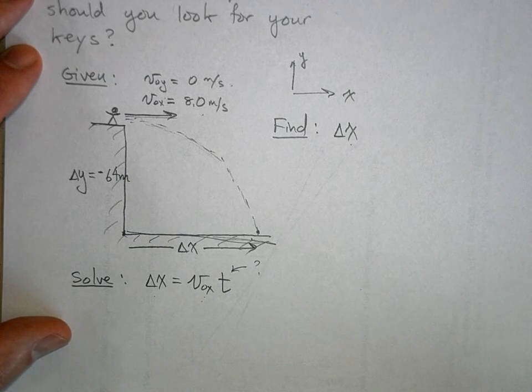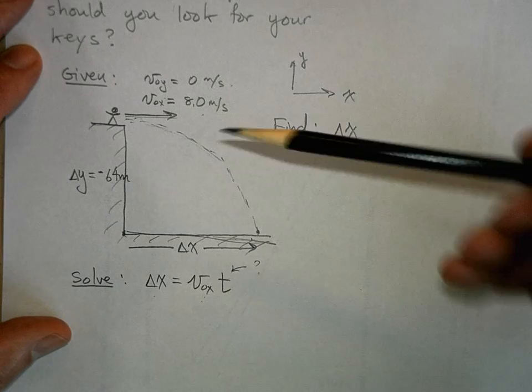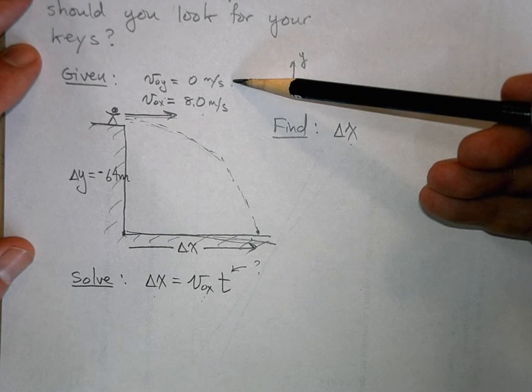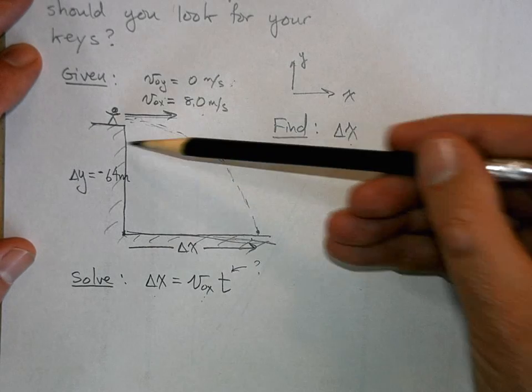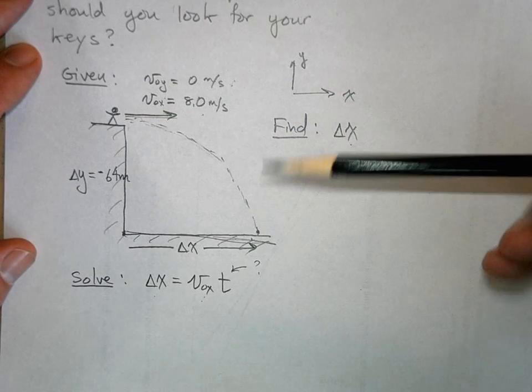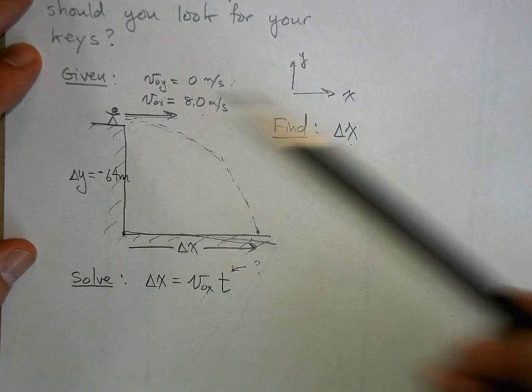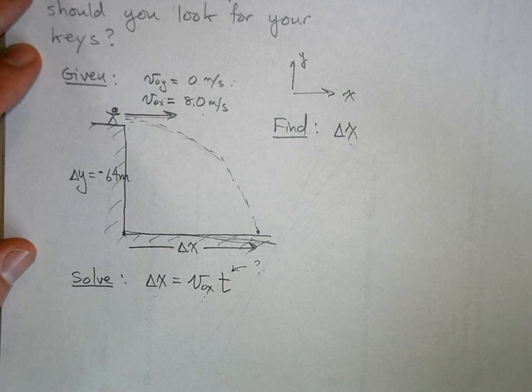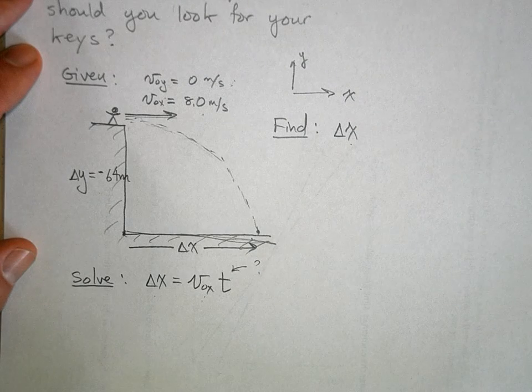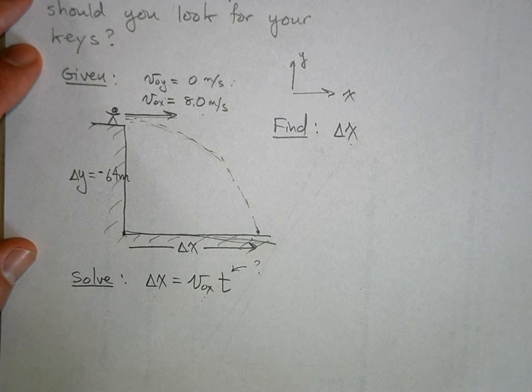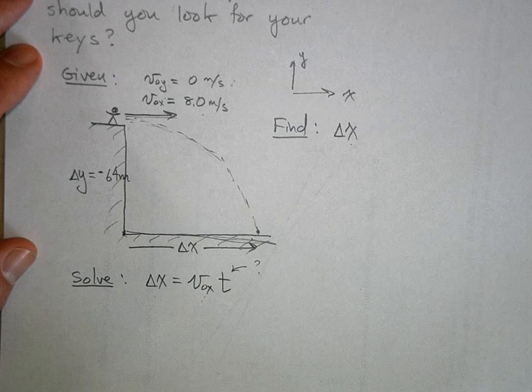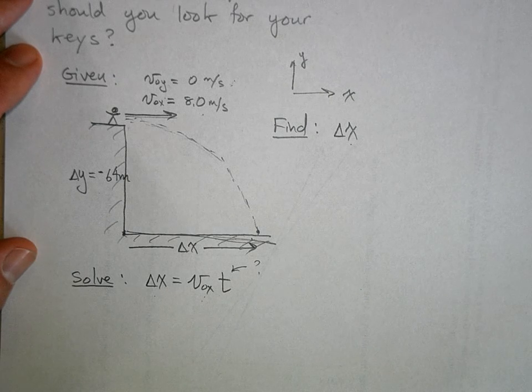So what do we know in the y direction? We know the initial velocity is 0. We know what the acceleration is, and we know how far down it's going to fall. So we know delta y and initial velocity. We're trying to solve for time. What do we not know and not need in the y direction here? We don't know the final velocity in the y direction.